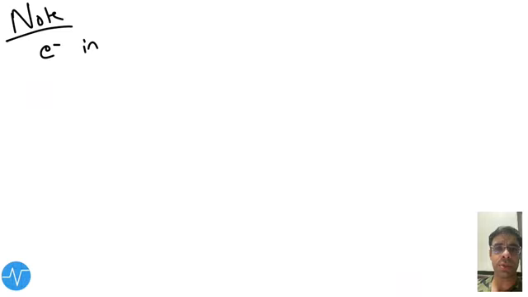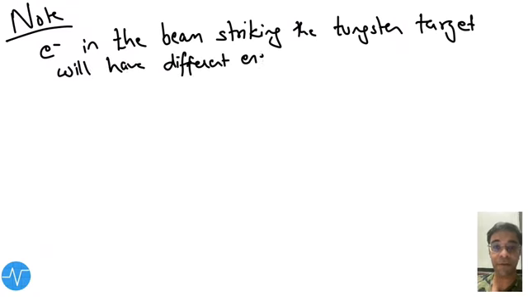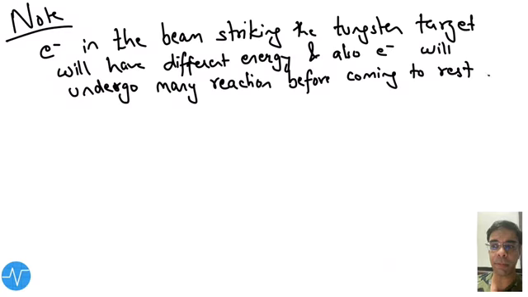Now some points to remember. The electrons coming from the cathode to hit the anode will have different energies when they hit the anode, and also each electron will undergo many reactions before coming to rest.